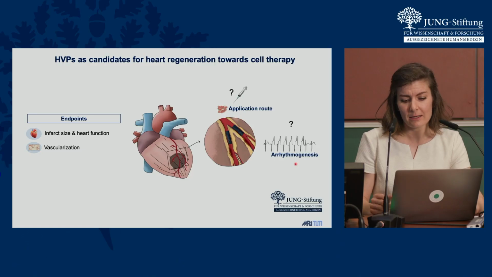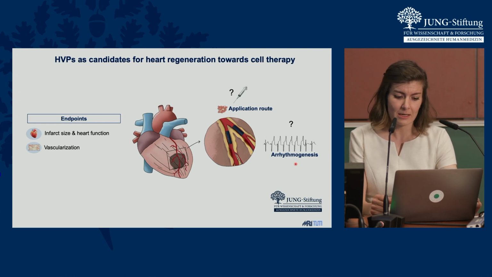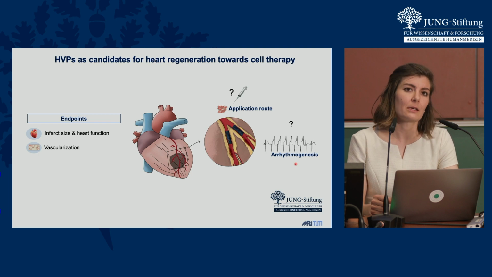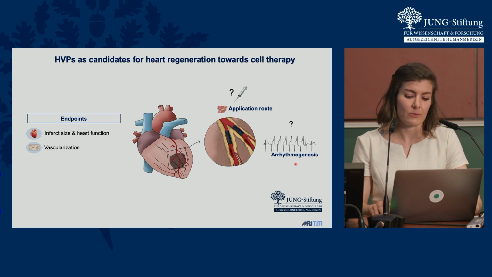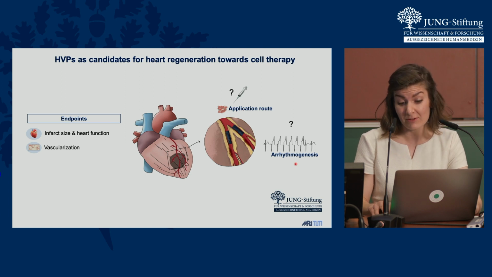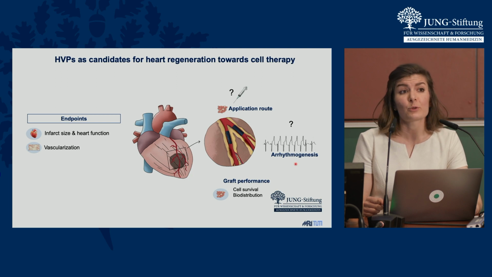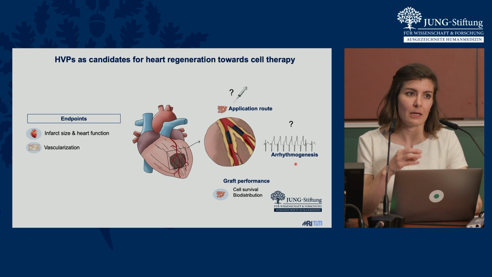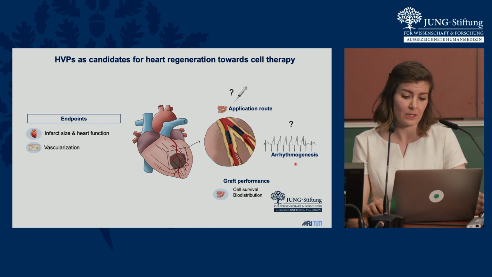Further on, I have shown you some preliminary analysis on the arrhythmogenesis, but it's really essential to perform a head-to-head comparison of their arrhythmogenic behavior in vivo. And finally, I want to look at the graft performance in vivo. I want to track the cells, how they behave once they are injected in the body, and also look at off-target effects.